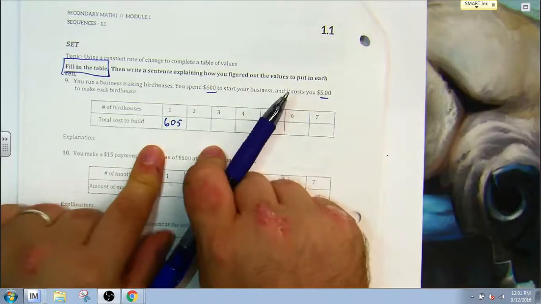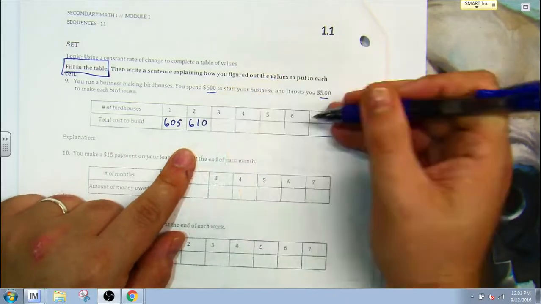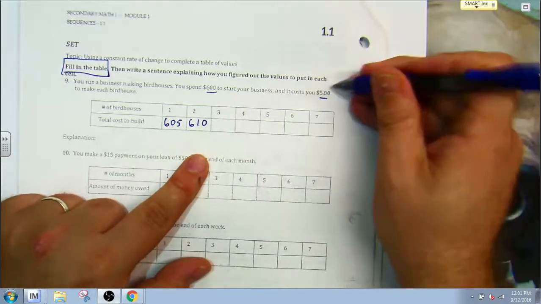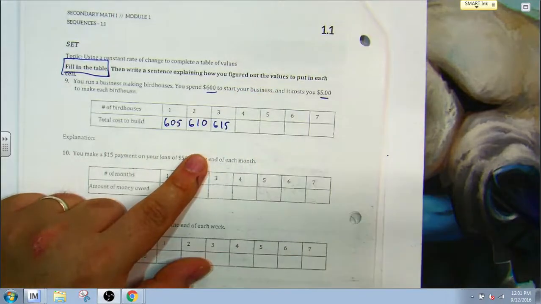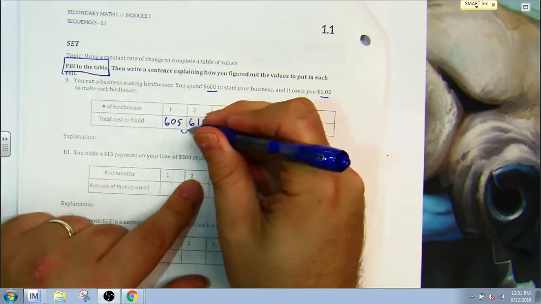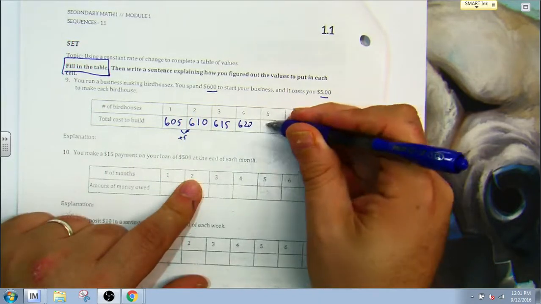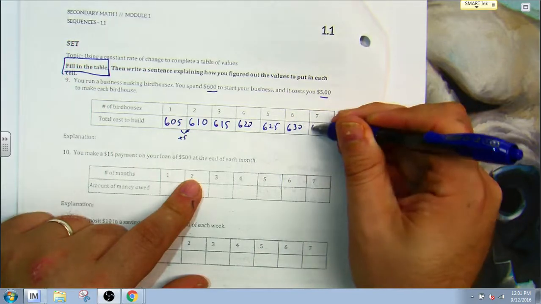If I make another birdhouse, that'll be another $5, so that's going to be $610. If I make another birdhouse, that's going to be $615. And if I make another, $620, etc. So you can see each time I'm adding 5, because each additional birdhouse is going to cost me $5.